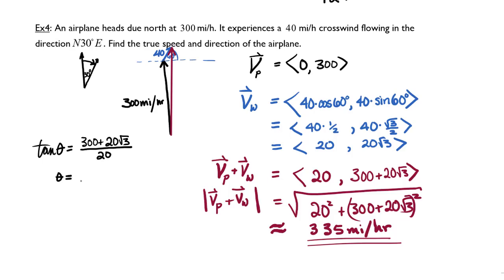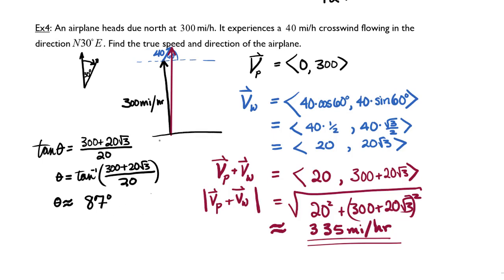And then if I want to find the angle theta, I take the tan inverse of that fraction, 300 plus 20 root 3, all divided by 20. And theta is equal to approximately 87 degrees. Now remember, you have to change your calculator to degree mode when you're doing this.